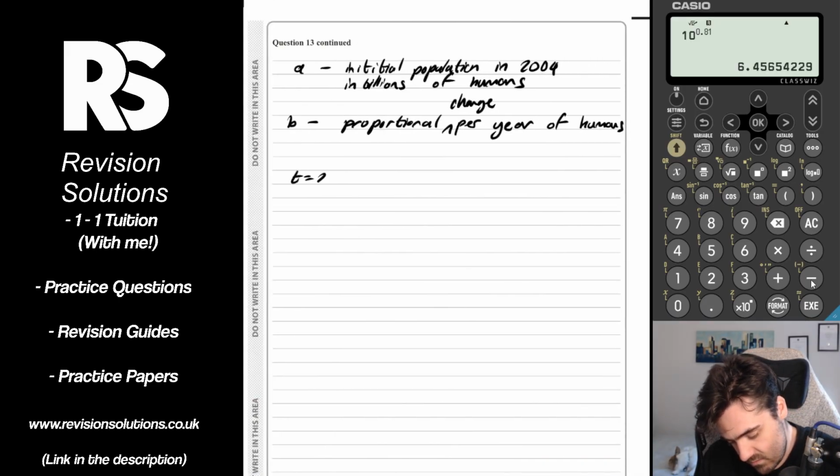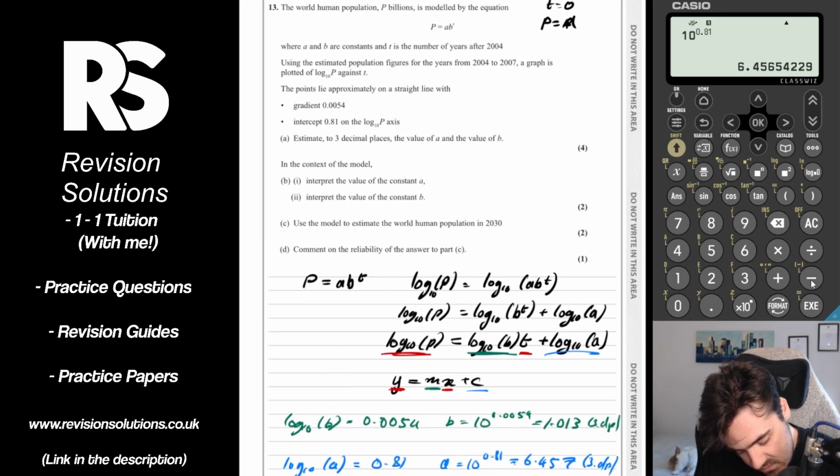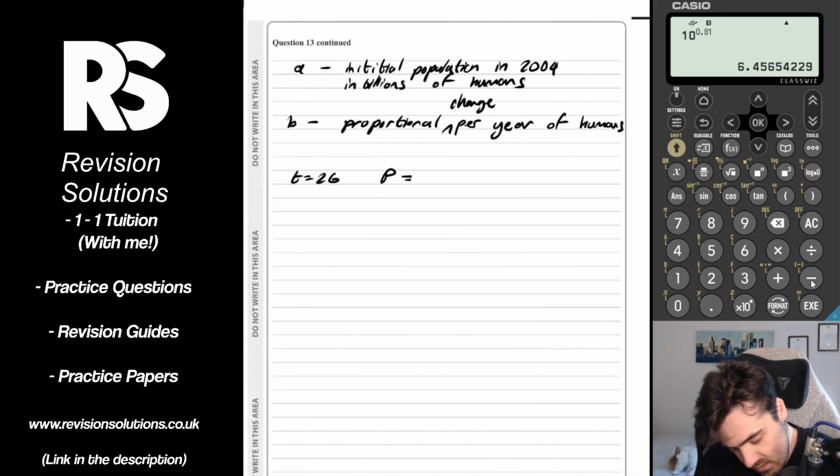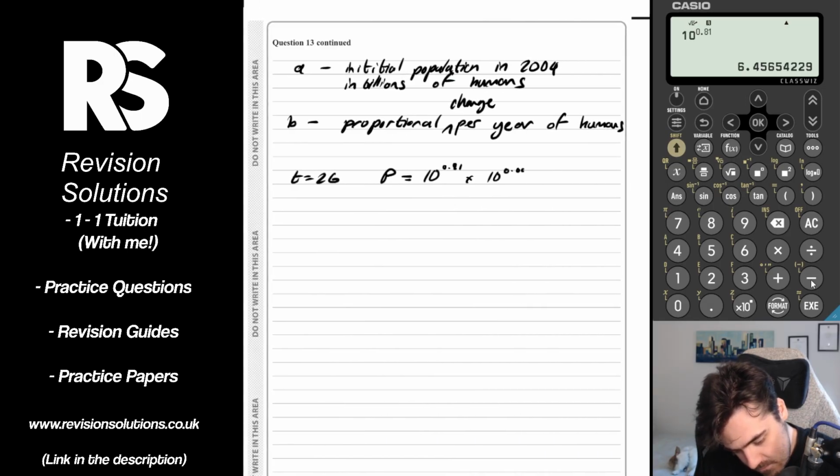So t equals 26, we get p is our, let's use our precise values for this. So 10 to the 0.81 times 10 to the power of 0.0054, and that's all to the power of 26.